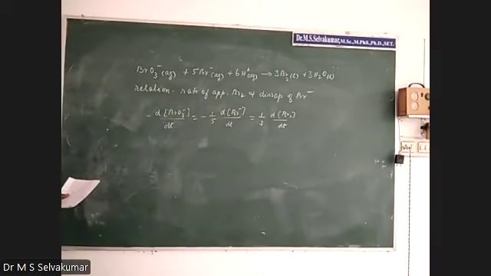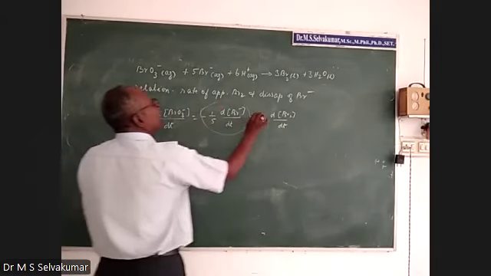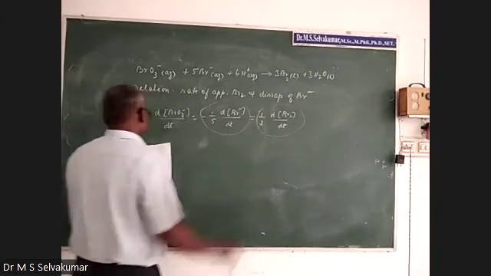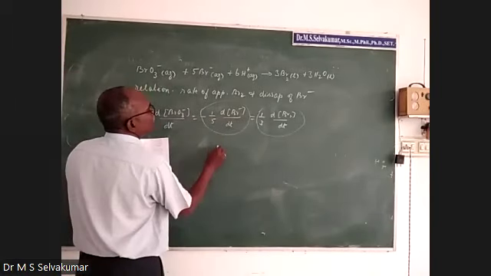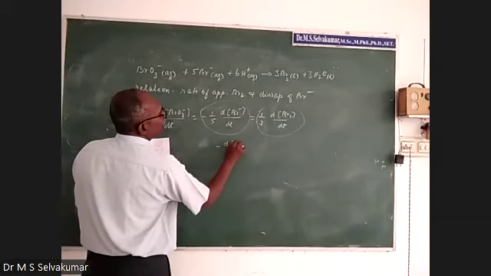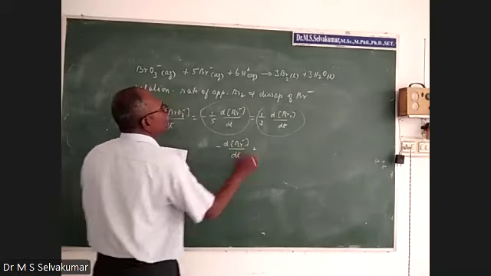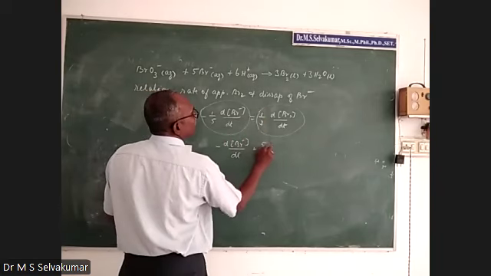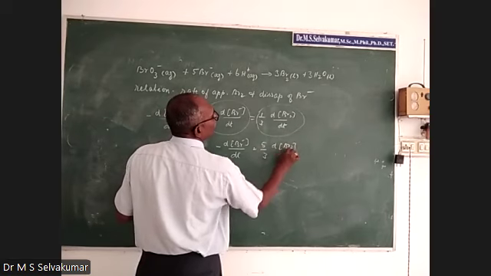So what is the relation? We are going to relate this and this. As it is only a rate comparison, see, minus d Br minus by dt is equal to, this 5 will go over there. So 5 by 3 d Br2 by dt.